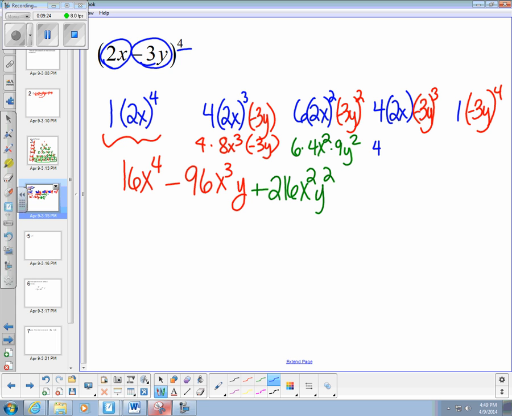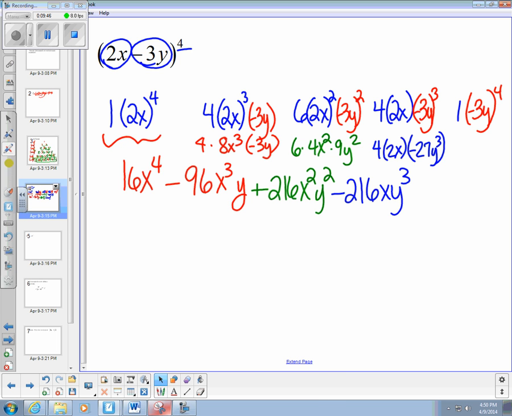So 4 times 2x, and then negative 3y quantity cubed would be negative 27y to the third. When I multiply that, 8x times negative 27y cubed, you get negative 216xy cubed. Okay, and then for our last term, all we have is negative 3y to the fourth times 1. So that's going to come out to be positive 81y to the fourth.